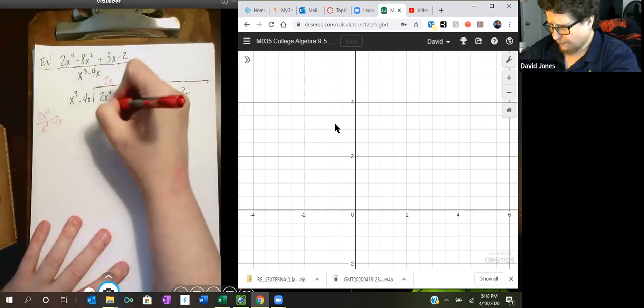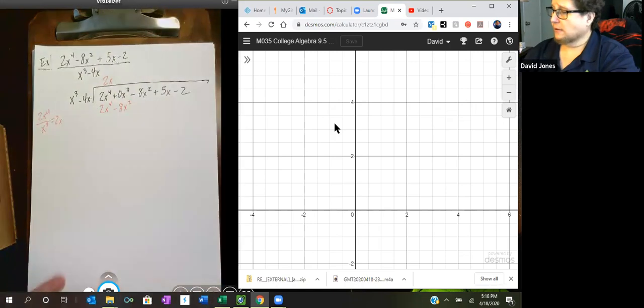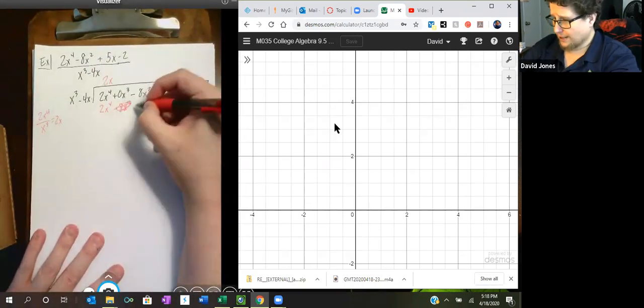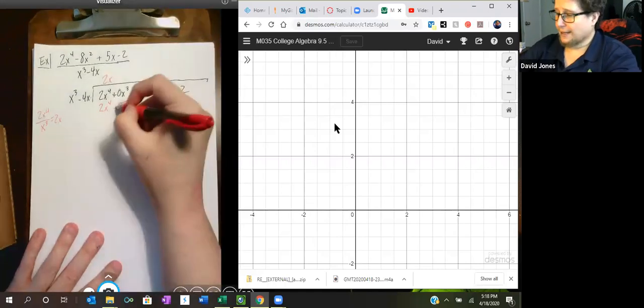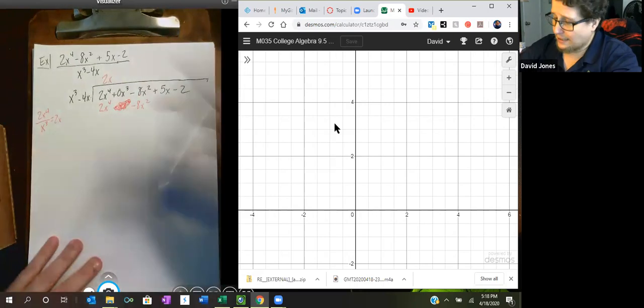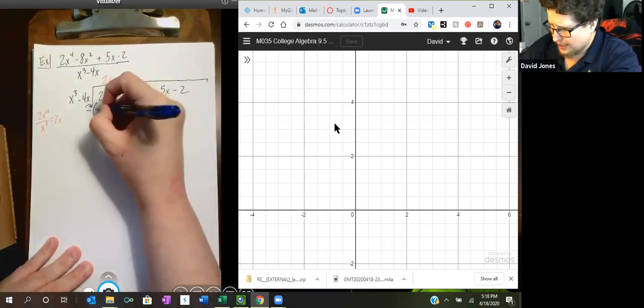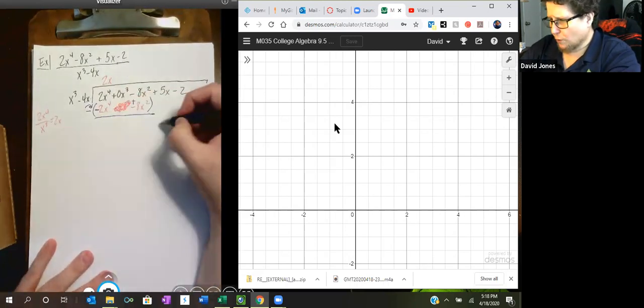This is 2x to the 4th minus 8x squared. Or 8x squared. Ooh, that comes over here. Line it up with the right thing. And then we subtract. And when we move the subtract in, it changes all the signs in here. Add vertically, and those both go away.